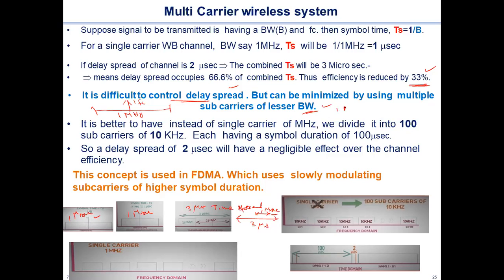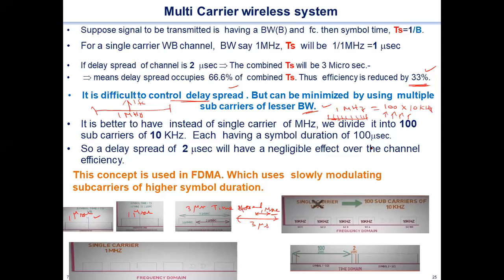So 1 megahertz equals 100 into 10 kilohertz. So 100 subcarriers I divide. The whole spectrum will be divided like this 100 times, whose width is 10 kilohertz like this. There will be spacing between two subcarriers of 10 kilohertz like this. Or I can say bandwidth of that particular subcarrier.